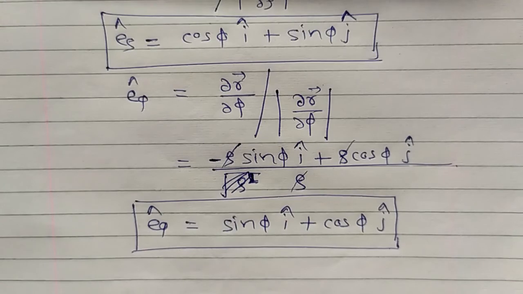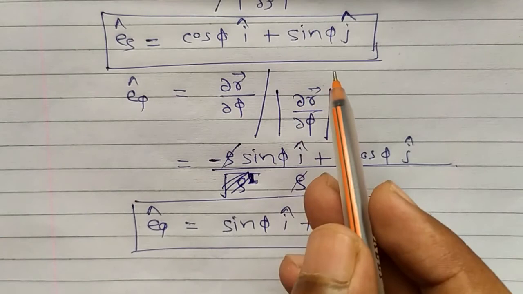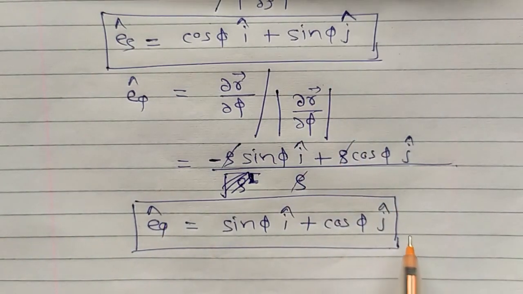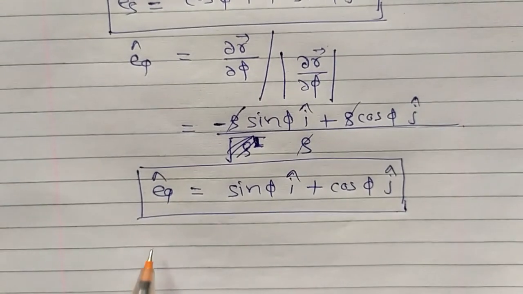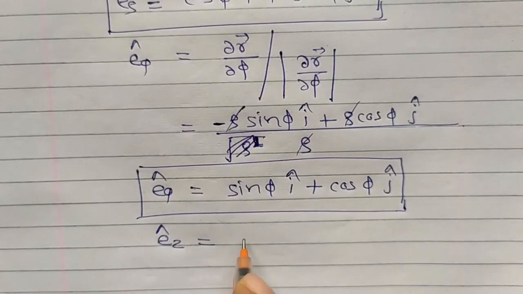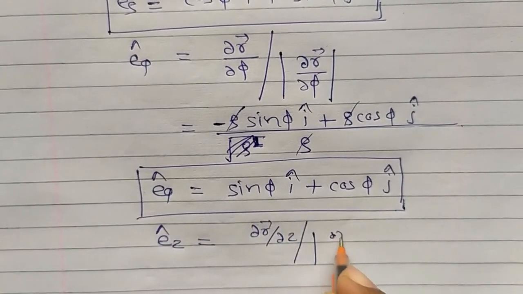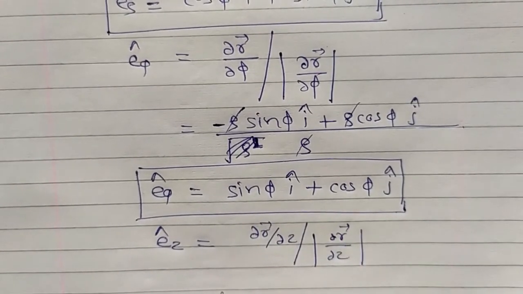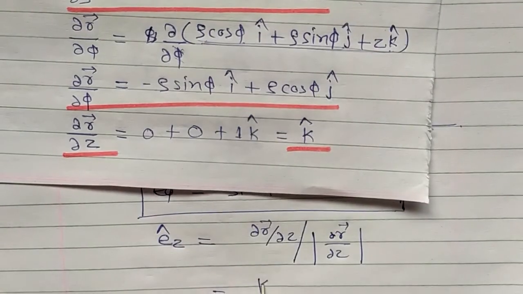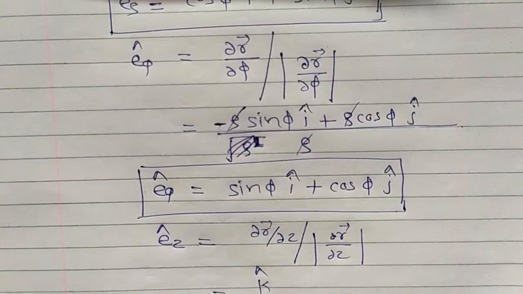What I am doing here is trying to find unit vectors in terms of other unit vectors, i cap and j cap. So here I found e phi cap in terms of i cap and j cap. Now the third unit vector is e z cap, which will be equal to del r bar by del z upon the magnitude of del r bar by del z. You know del r bar by del z is k cap. So k cap divided by the magnitude of del r bar by del z. The magnitude of a unit vector will be 1.